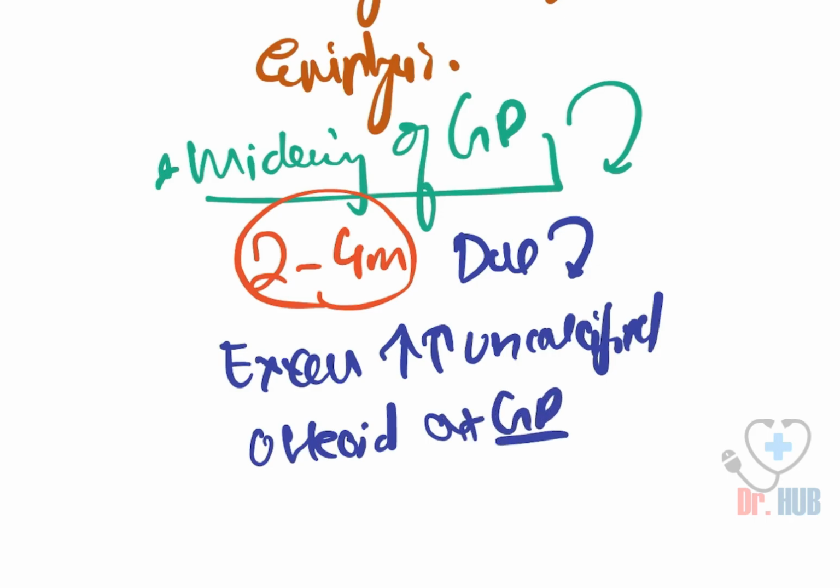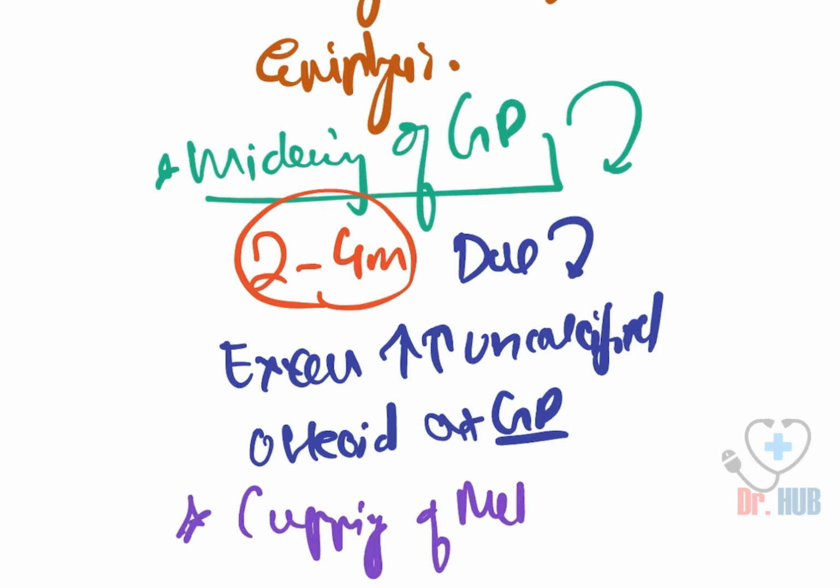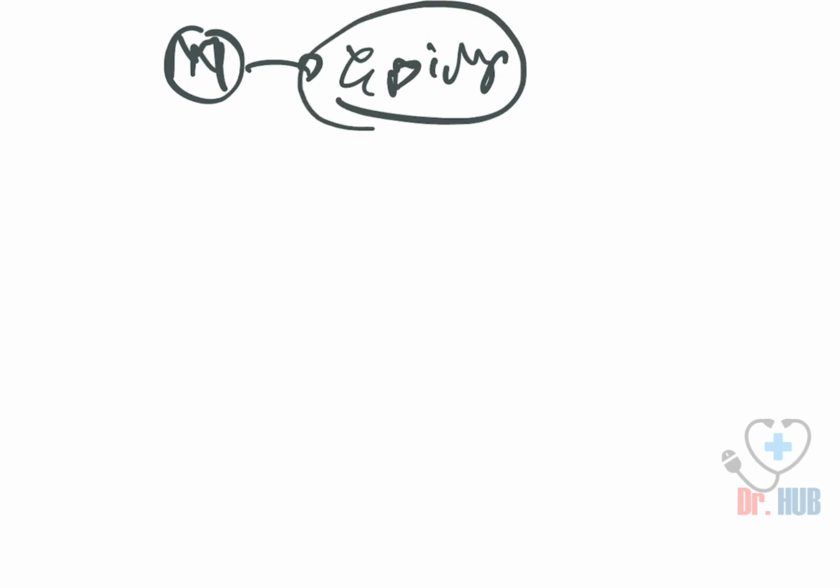Then we also have the cupping of the metaphysis. So what is meant by the cupping of metaphysis? Firstly, the normal metaphysis meets the epiphysis, and there is a smooth line of sclerosis.